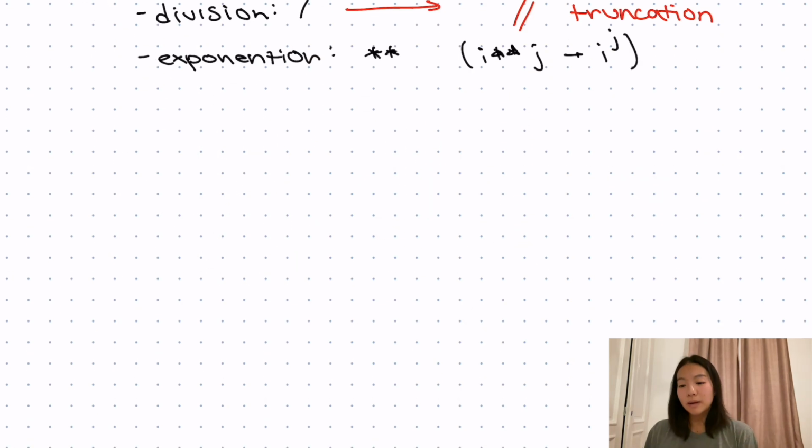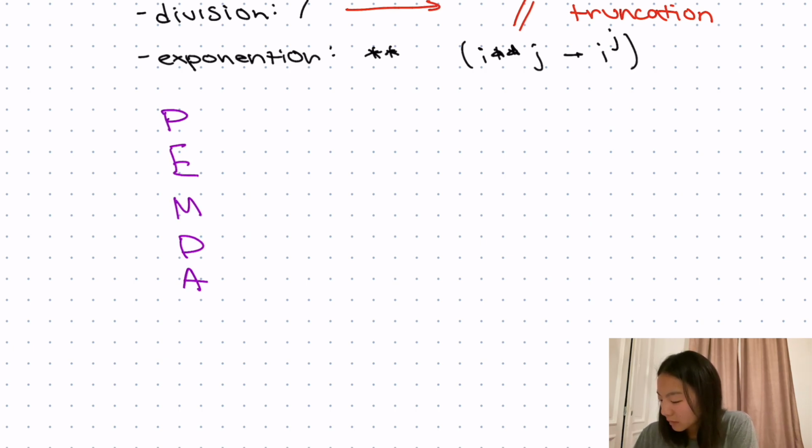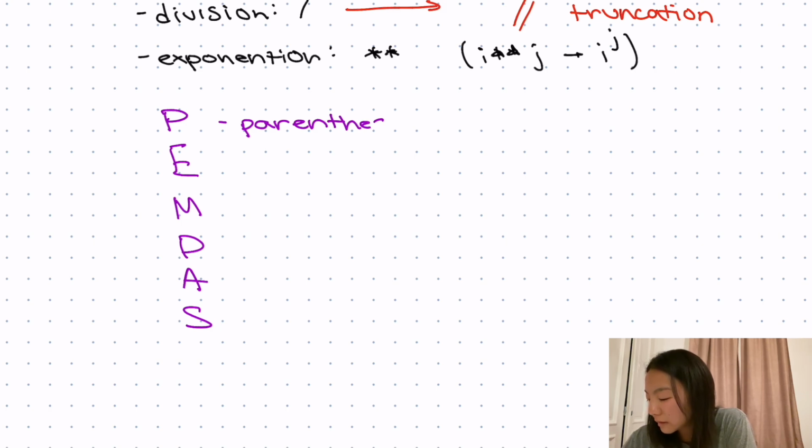And just like in mathematics, this actually follows our PEMDAS rule. So P stands for parentheses. So when we operate on our numerical values, whatever's in parentheses comes first. And then we operate on the exponents.